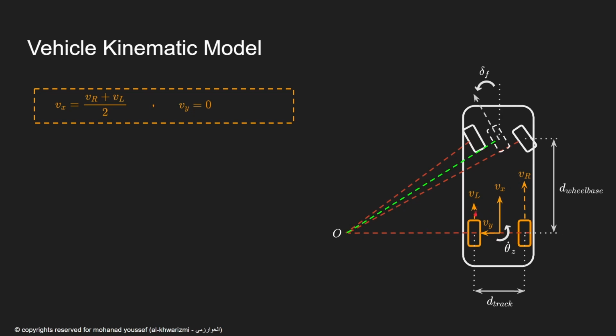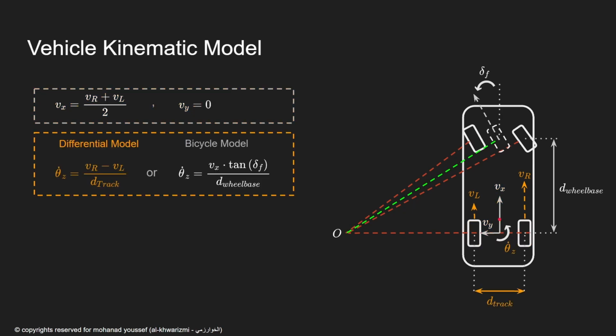As you see, if the vehicle is taking a turn, the velocity of the inner wheel will be smaller than the outer wheel, and the average of them is the total velocity at the center of the rear axle of the vehicle itself. Vy, we assume it's 0 because we assume that there is no side slip.